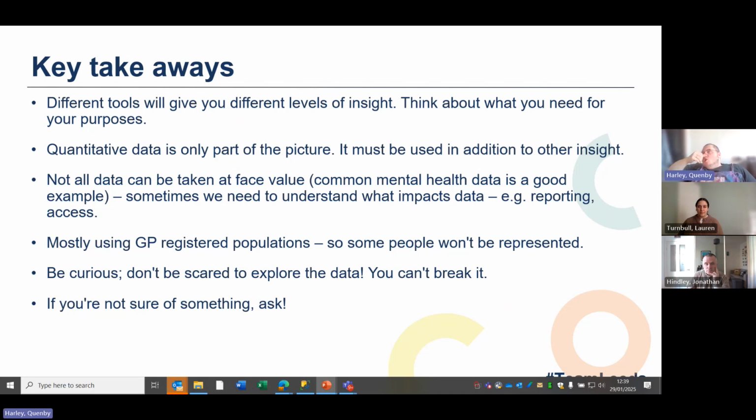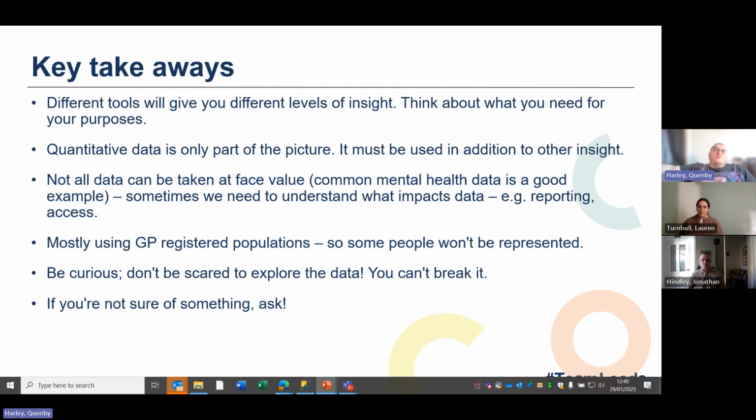There can be a danger that if you only look at quantitative data, you can miss part of what's going on, and by its nature, you end up prioritizing what is easy to measure, which isn't always the same as what's important to measure. So it's only part of the picture. You want to perhaps be using qualitative data and intelligence from on the ground to supplement it and build a more robust picture.